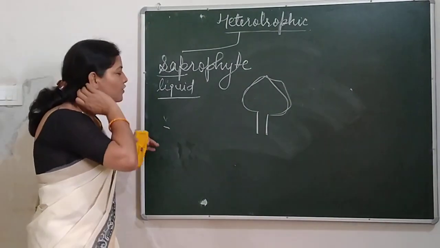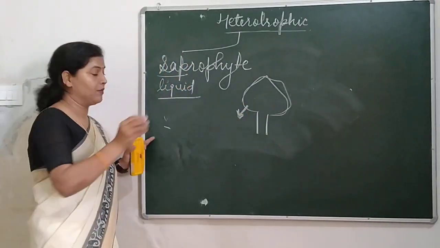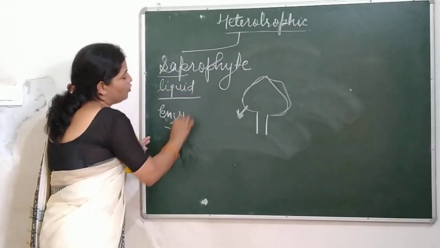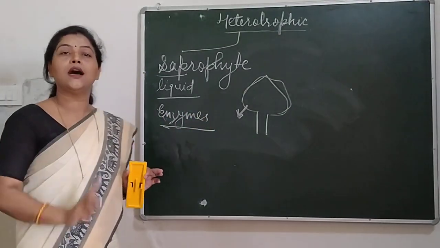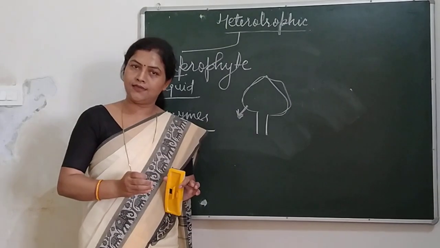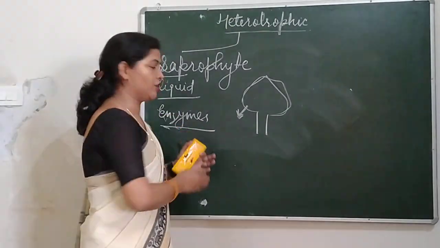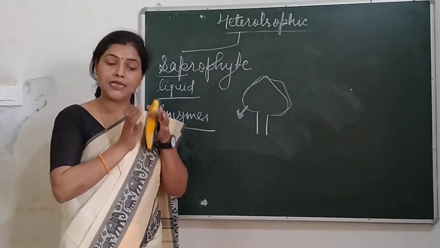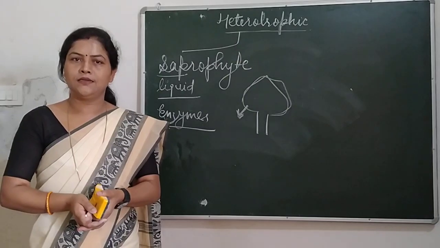So what they actually do is release an enzyme. Here we should know the meaning of enzymes. Enzymes are biocatalysts. The secretion or the solution breaks the food or the organic substances.